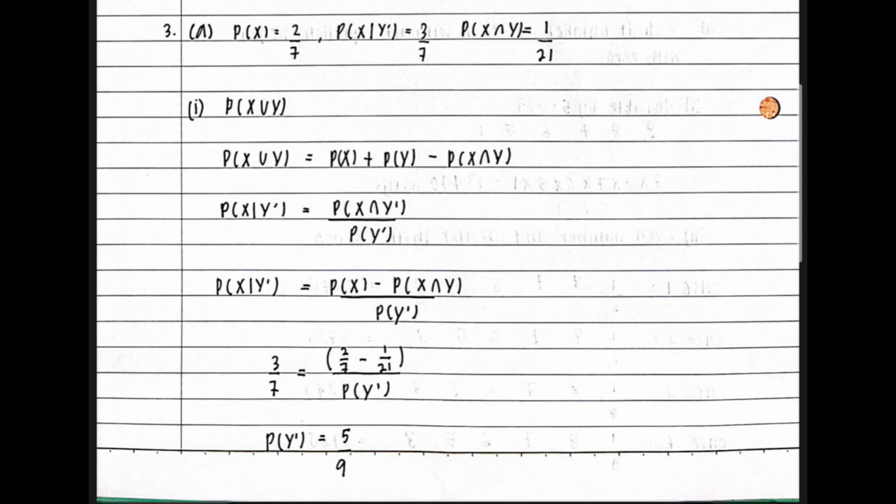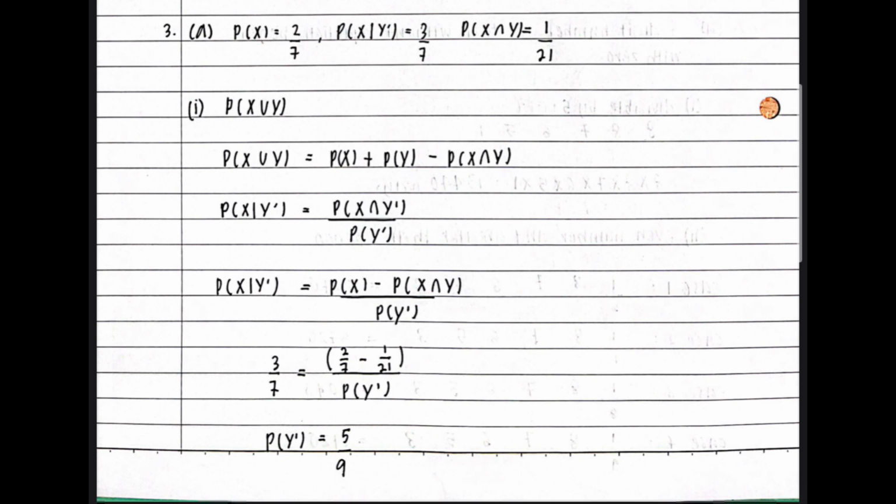For this question, we use the formula P(X union Y) equals probability X plus probability Y minus probability X intersect Y. To find the probability Y prime, we use this formula and then substitute the values given.